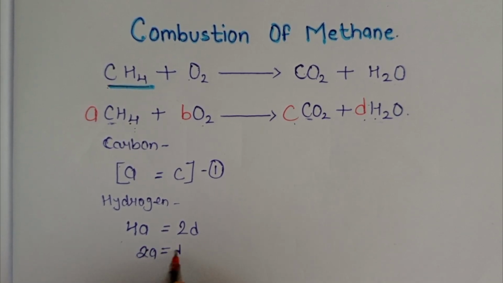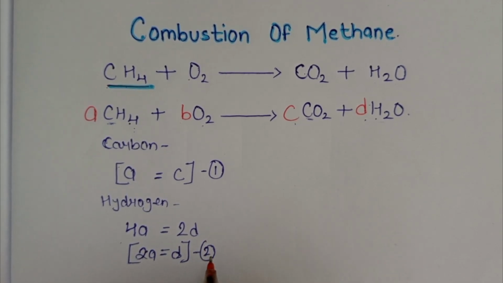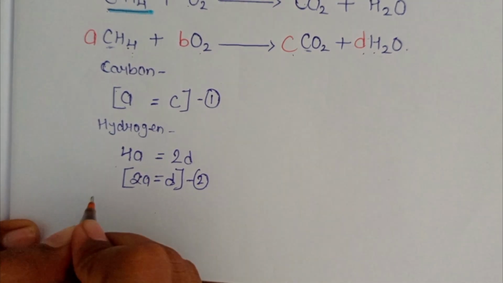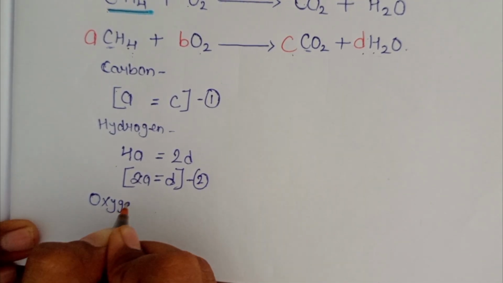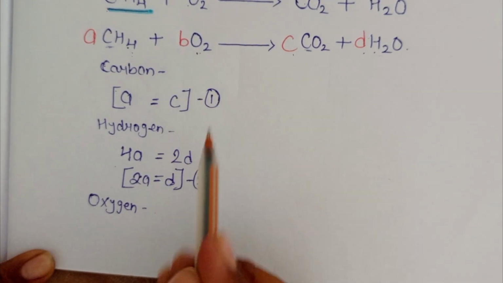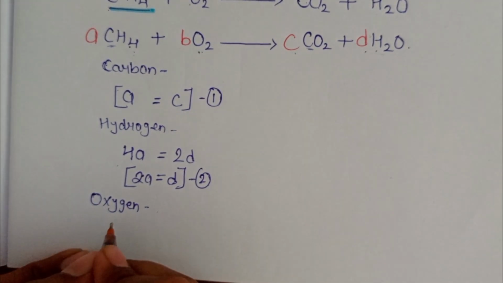2A is equals to D. This is our second equation. And the last one is for oxygen. We have 2 oxygen molecules on the left hand side, on the reactant side.